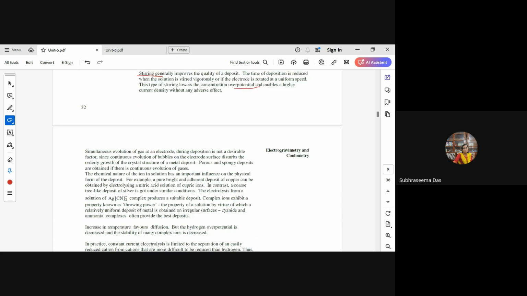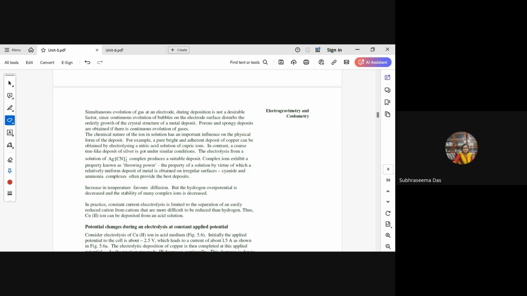Simultaneous evolution of gas at an electrode during deposition is not desirable. Sometimes porous and spongy deposits are obtained if we have evolution of gas during the process of electrodeposition, and thus it should be avoided at any cost.